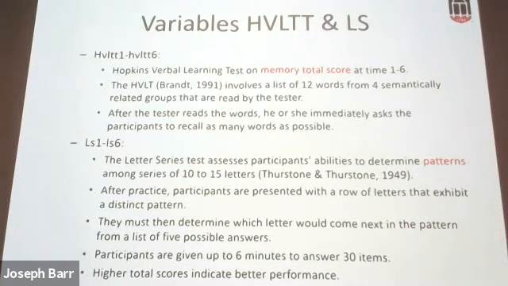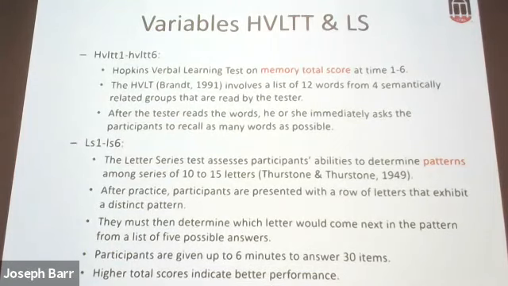Also we have LS. LS is short for the Letter Series test, at 1, 2, so we have 6 measures. This test assesses participants' ability to determine patterns among series of 10 to 15 letters. The literature shows that the intervention effect on LS is significant.